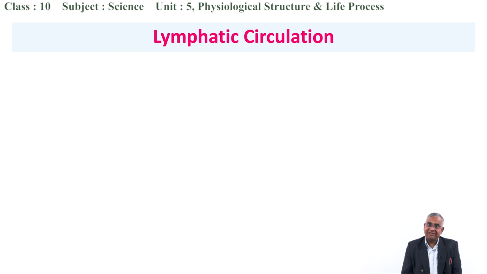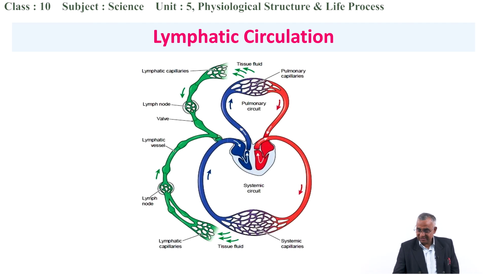Now, lymphatic circulation, the time has come about which we were waiting. How are the materials passed out from capillaries brought back into the mainstream? Look here, this capillary and this capillary, both capillaries, that means lymphatic capillaries and our blood circulatory system's capillaries, are interwebbed.